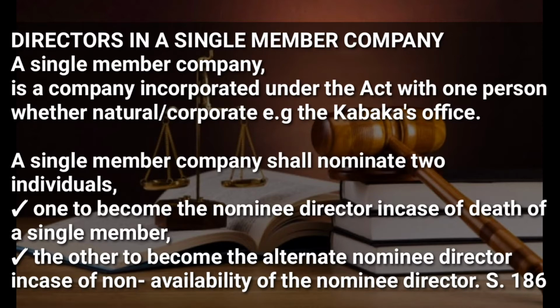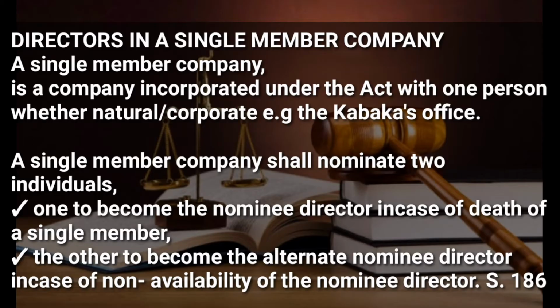Let's look at the directors in a single-member company. A single-member company is a company incorporated under the Act with 1 person, whether natural or corporate. An example of a single-member office is the Kabaka's office and the Bishop's office. A single-member company shall have 2 directors who shall nominate 2 individuals.